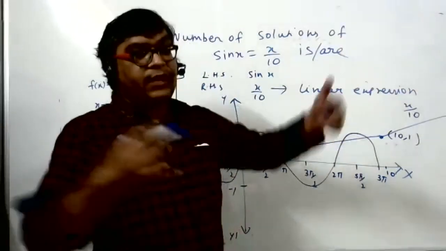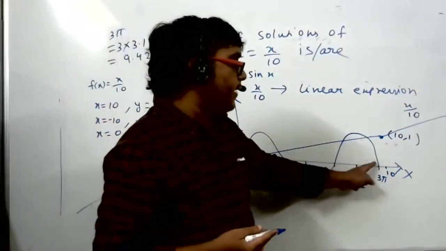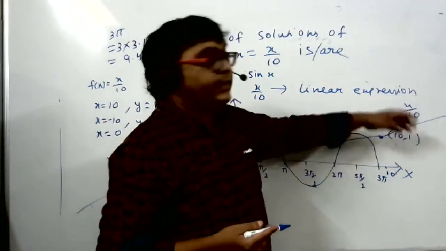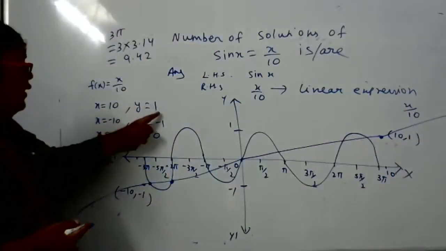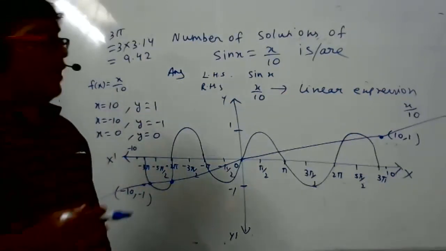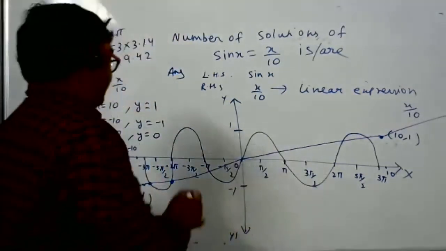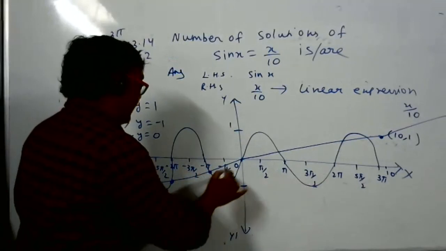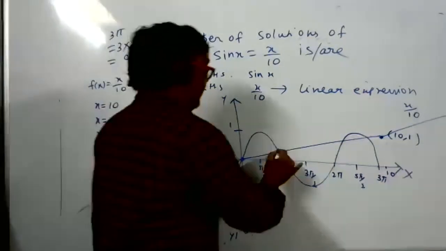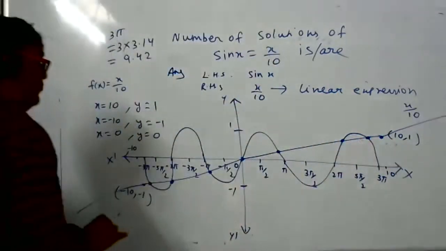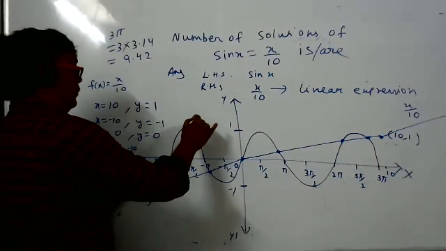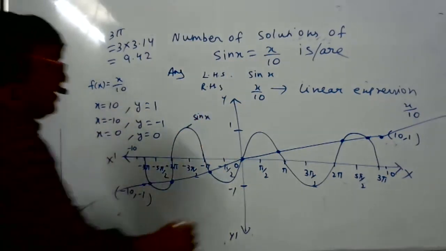After 10, the line will go above 1, because when x is 10, y is 1, but if you put x more than 10, it will become more than 1. So they will never intersect. They are intersecting only 7 times. So the answer is 7. Copy down, and if you say, I will teach this again.